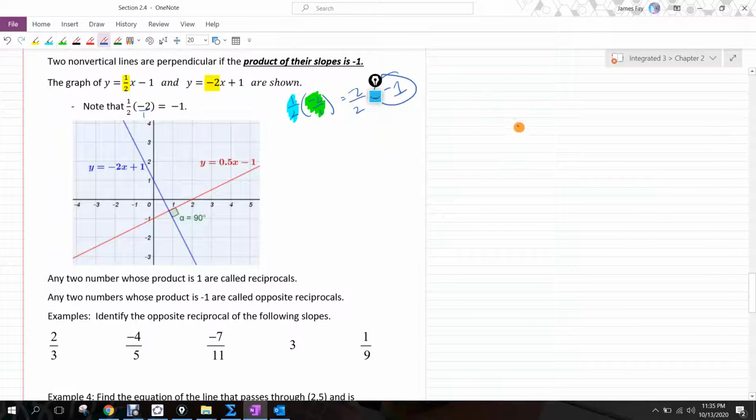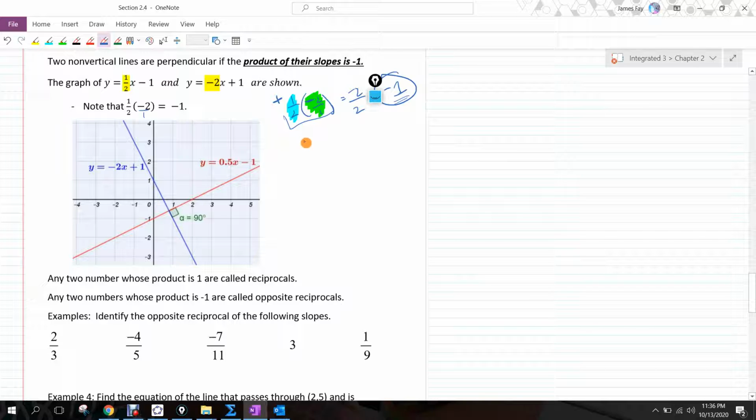If you remember the properties from chapter 1, multiplicative inverses are two numbers that multiply together to give me 1. Now we're getting negative 1 as we multiply two things together. Another word for multiplicative inverses was reciprocals. These are not purely reciprocals; they are opposite-signed reciprocals, because one is positive and one is negative.